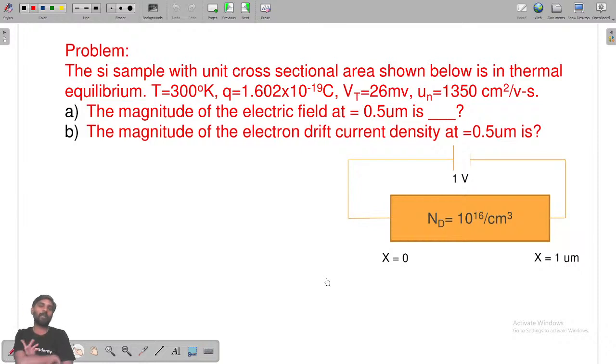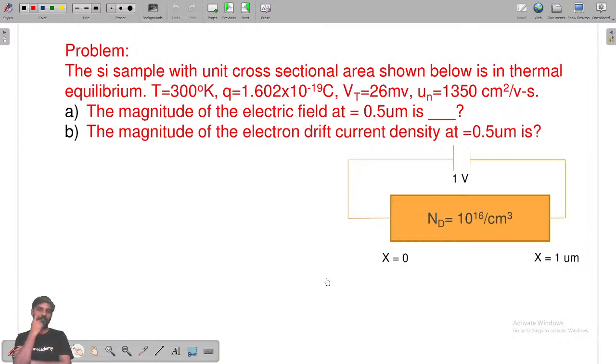A silicon sample with a unit cross-sectional area shown below is in thermal equilibrium at T equal to 300 degrees Kelvin, and q is equal to 1.60 times 10 to the power minus 19 coulombs.